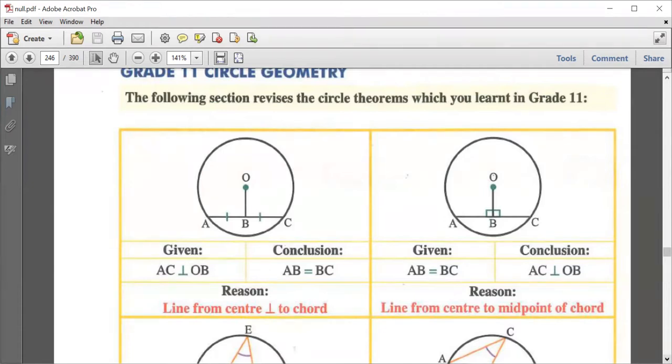There are about 12 theorems from grade 11, and there are about 6 theorems from grade 12. You are expected to know all of them for you to be able to answer all the questions.